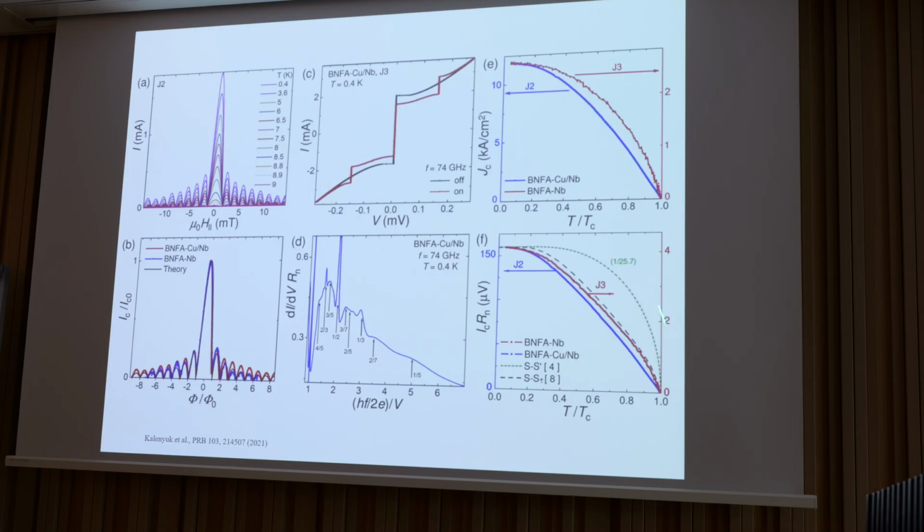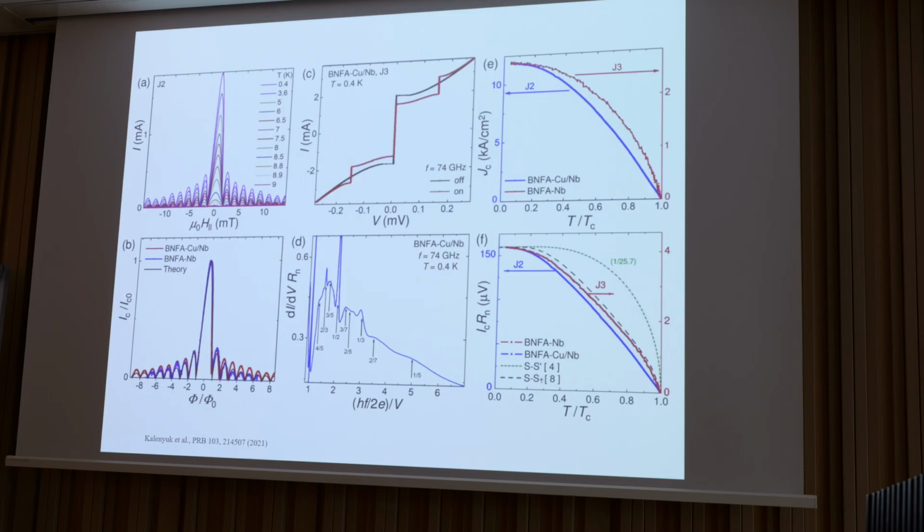This is the ICRN product for those two junctions that we compare. The red one is the niobium pnictide directly, and the blue one is the niobium copper pnictide. So there is some difference in temperature dependence. All of them are not S-type, so there is something, but this is a minor effect.